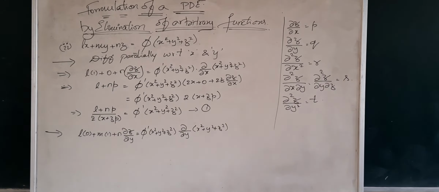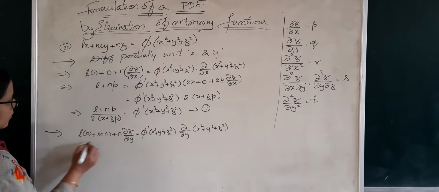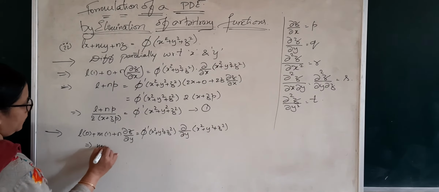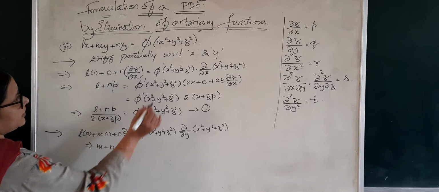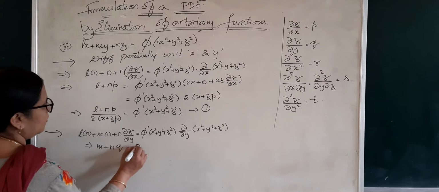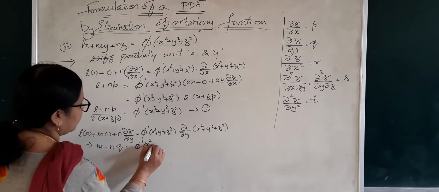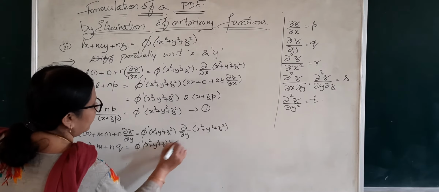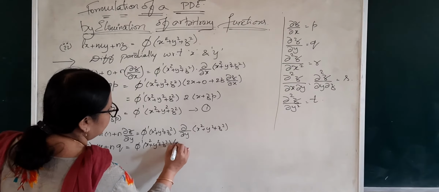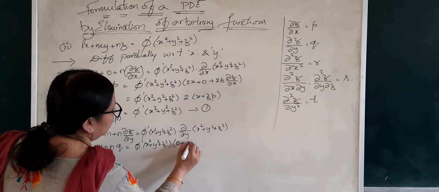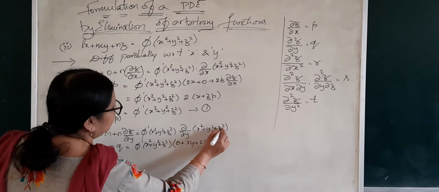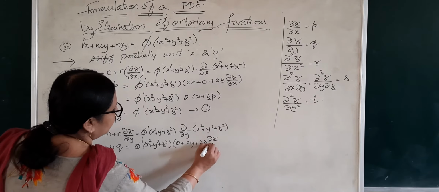So what do we have further? This will be 0, this is going to be m plus n times, standard notation is q is equal to phi dash of x square plus y square plus z square. Now differentiating here, this is going to be 0, this will be 2y plus 2z into dou z by dou y.